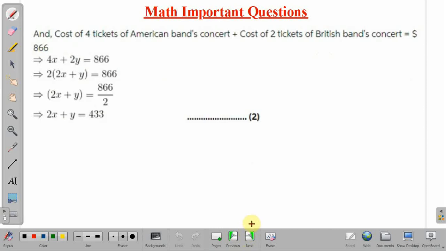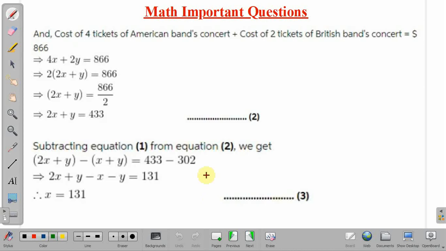Subtracting equation 1 from equation 2, we will get 2x plus y minus (x plus y) equal to 433 minus 302. From here we will get 2x plus y minus x minus y. So y will get eliminated and we will get x equal to 131.